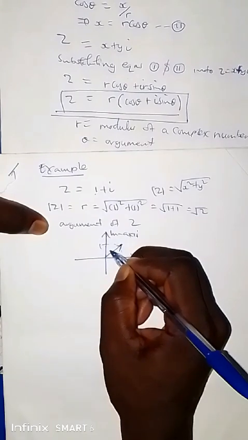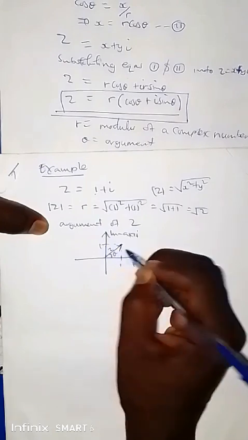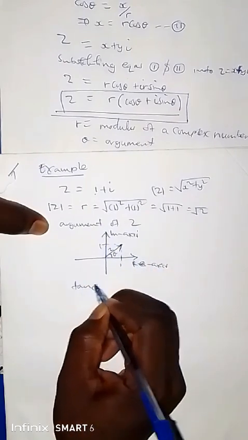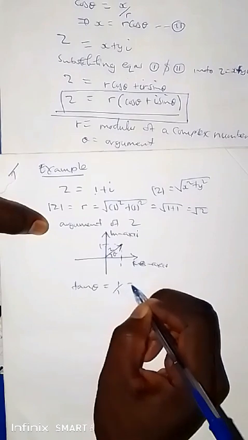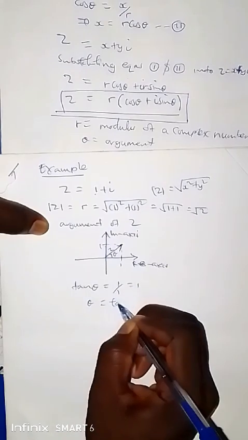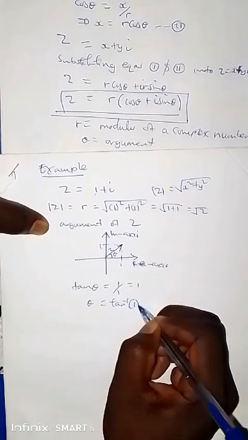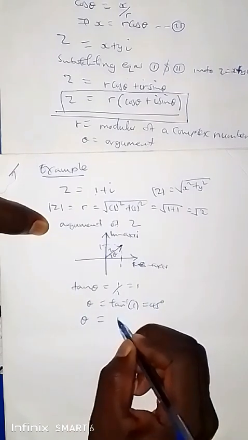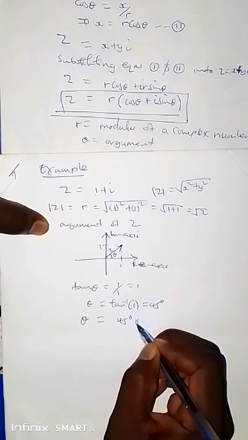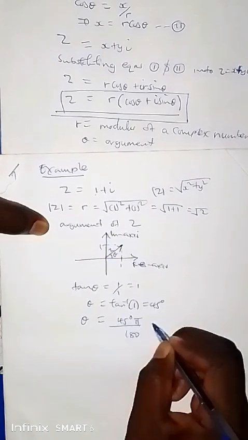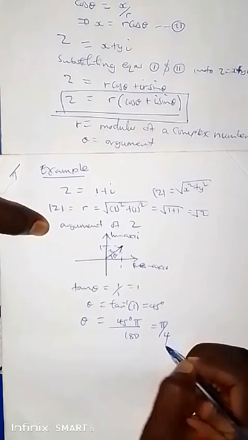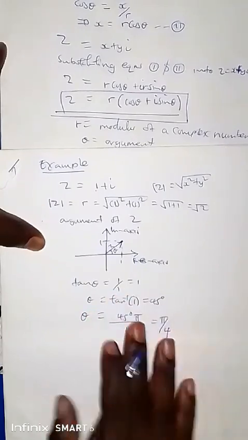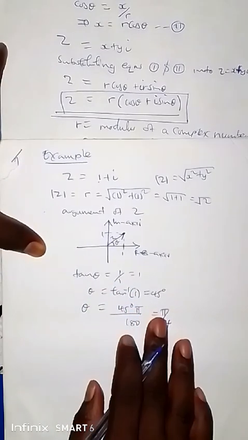So this is your z, and this is your theta that you want to get. Tan theta equals 1 over 1, which is 1. So theta equals tan inverse of 1, which is 45 degrees, that is pi over 4. This is your theta now.